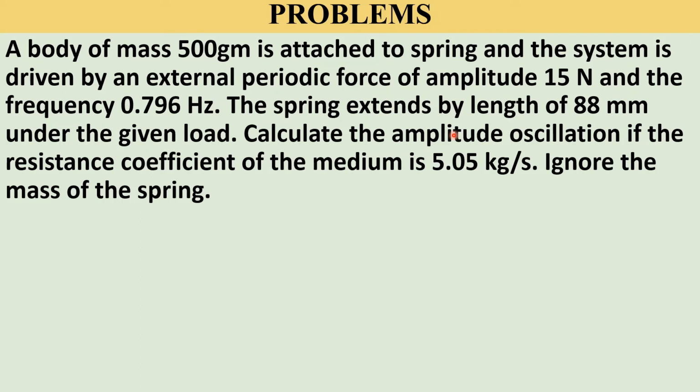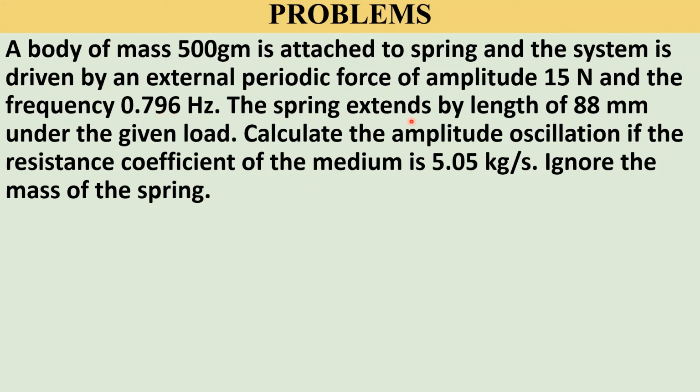Calculate the amplitude of oscillation if the resistance coefficient of the medium is 5.05 kg per second. Ignore the mass of the spring. So here the mass of the body is 500 gram, the amplitude of the applied periodic force is 15 newtons, and the frequency of the force is equal to 0.796 Hertz.